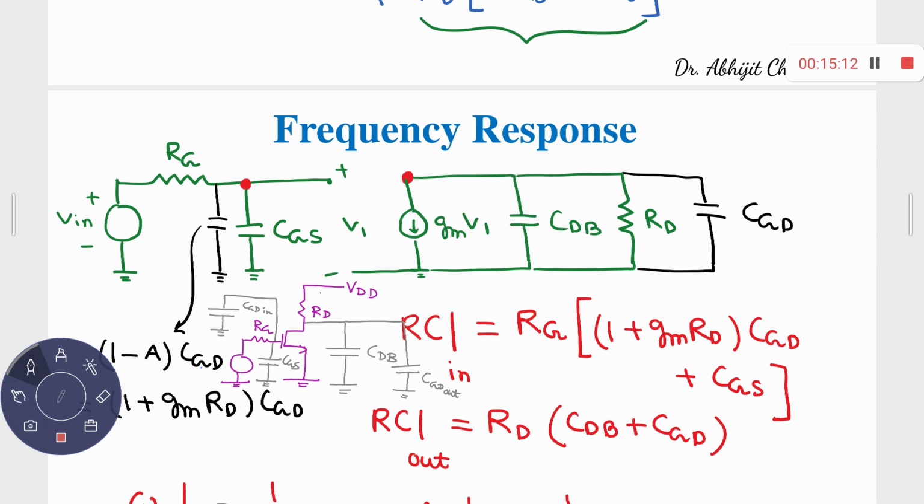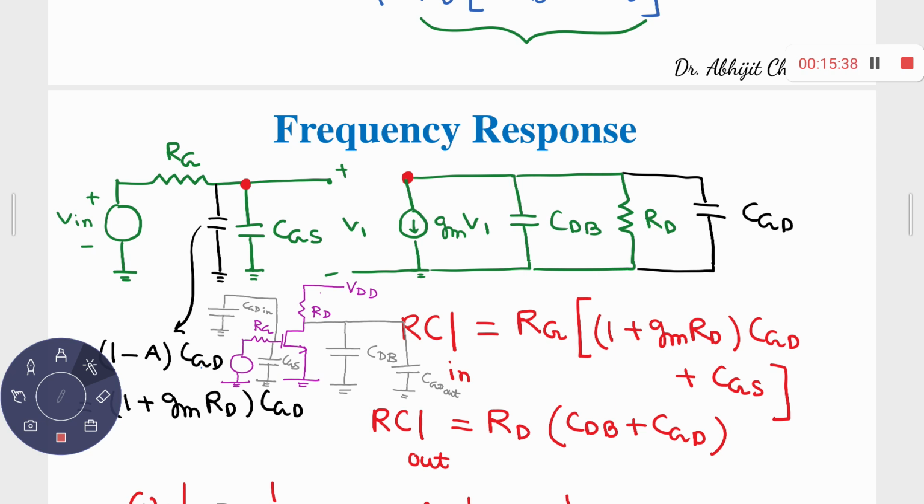For this kind of circuit, you know that the expression for A is the mid-band gain, minus GMRT. We have already calculated this one, the mid-band gain for a simple common source amplifier with a resistive load. That was the expression, minus GMRT. So this effective capacitance on the input side, CGD in, is nothing but 1 minus A times CGD, that is 1 plus GMRT times CGD.